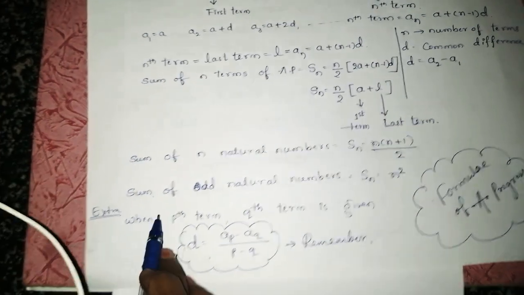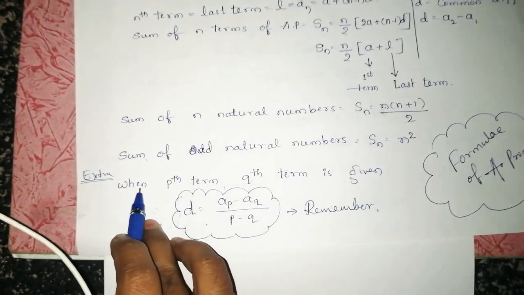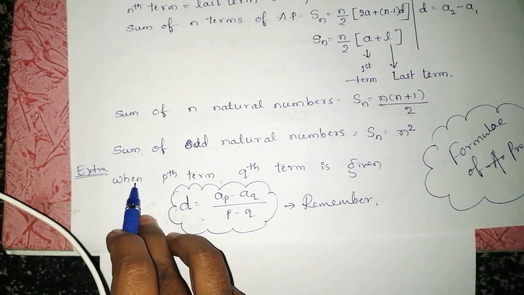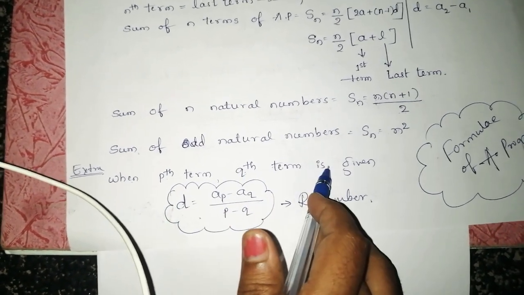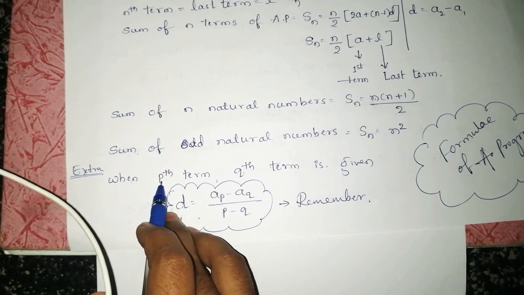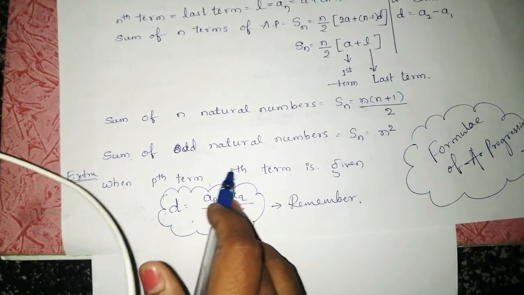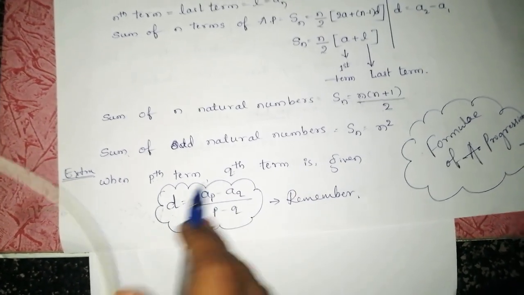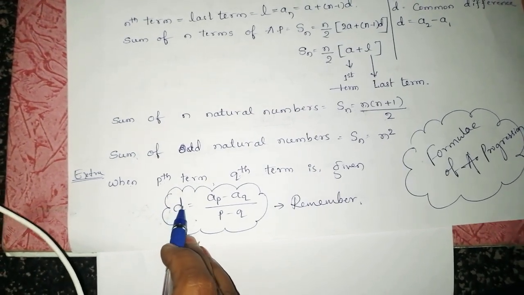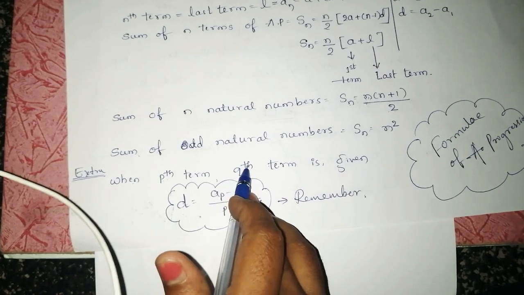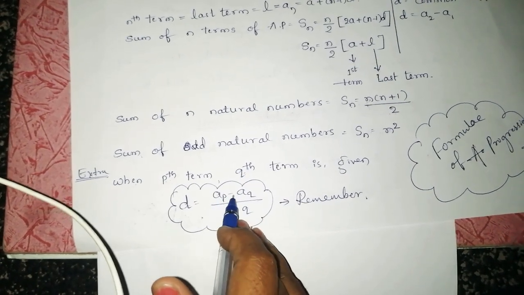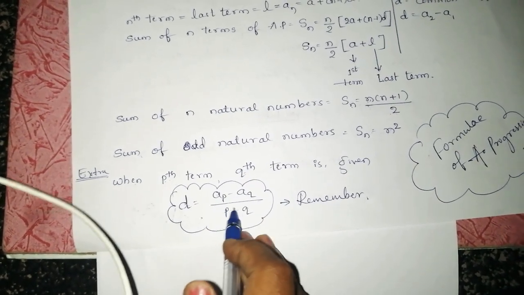So likewise. And I am going to tell you one more important formula, as I already told in class. Whenever the pth term and qth term are given, I will repeat, the common difference is taken as d is equal to ap minus aq divided by p minus q.